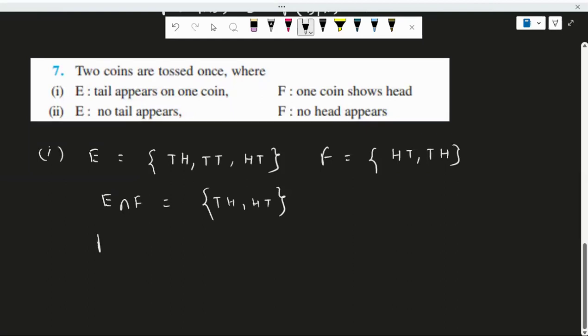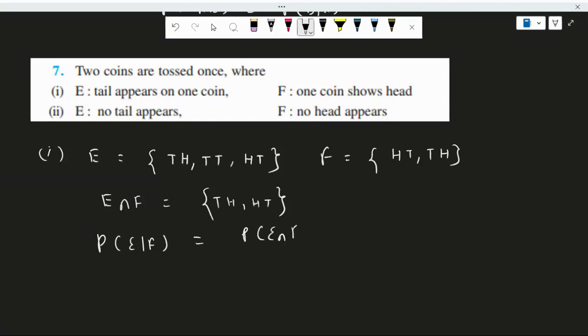So we need to find P(E by F). That will be P(E intersection F) over P(F). What is P(E intersection F)? This is 2 over 4.